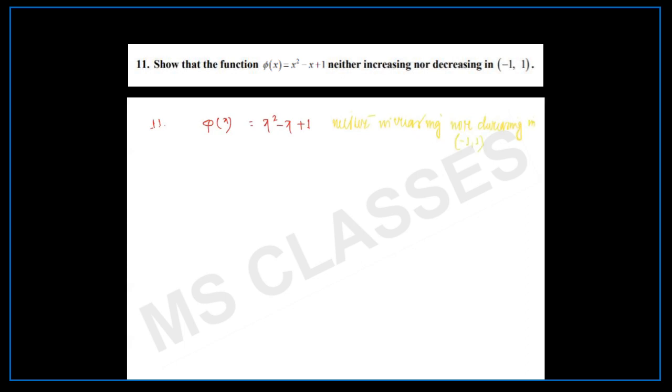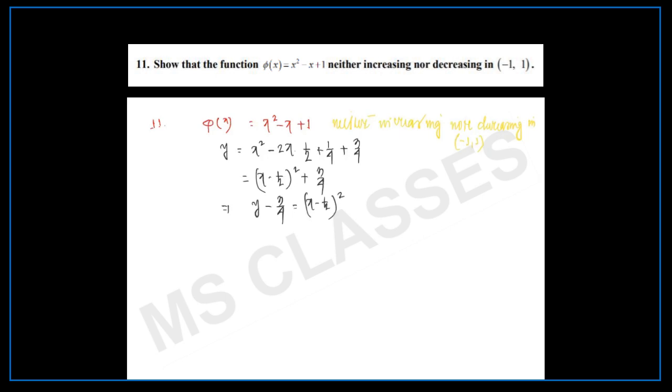So at first we understand what curve we are dealing with. So x square minus 2x into 1 by 2 plus 1 by 4 plus 3 by 4. This gives us x minus half whole square plus 3 by 4. Now this gives us y minus 3 by 4 equal to x minus half whole square.